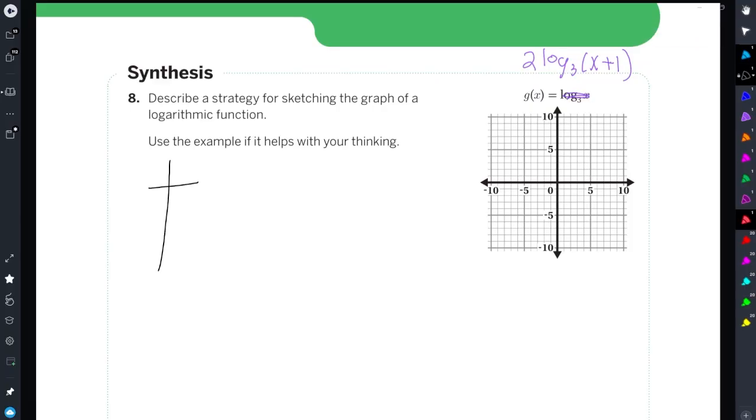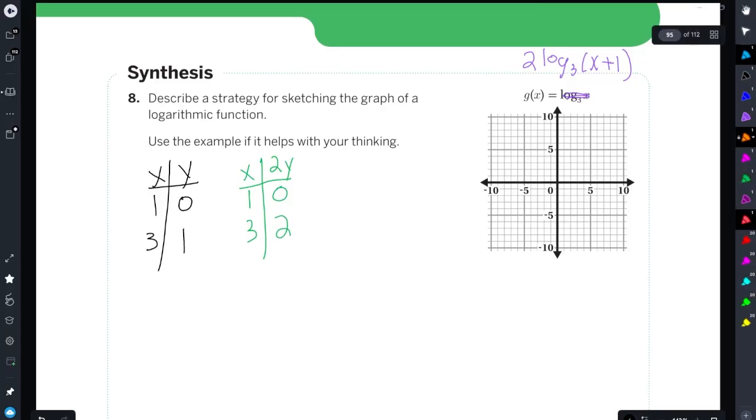We've also only done a base of 2. This has a base of 3, so it's still going to be 1, comma 0, but now that our base is 3, it's going to be 3, comma 1. Then we're going to multiply all the y values by 2. So 1, 3, and then 0 times 2 is 0. 1 times 2 is 2.